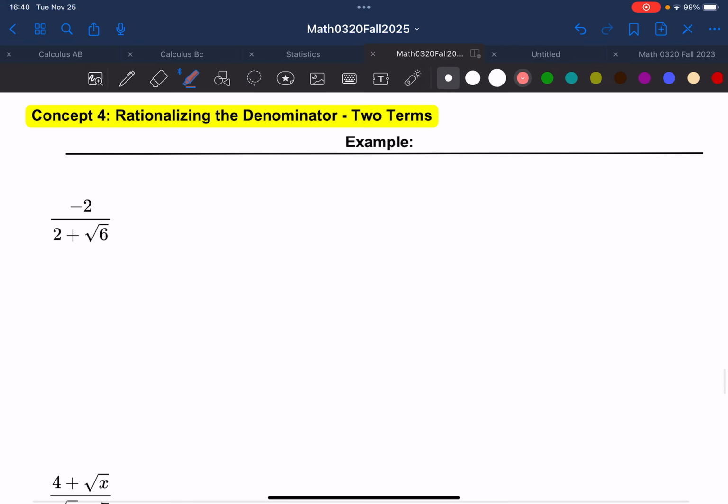Okay, last concept is rationalizing the denominator with two terms. So we're going to use what is called a conjugate.